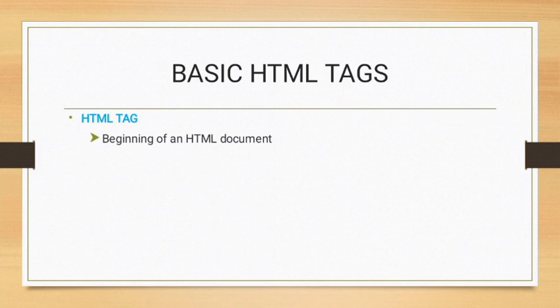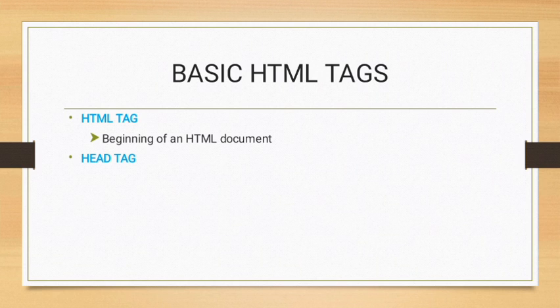Next we can study basic HTML tags. If you want to write an HTML code, you want to know the basic HTML tags. So first of all, HTML. HTML is one tag which is used to represent the beginning of an HTML document.